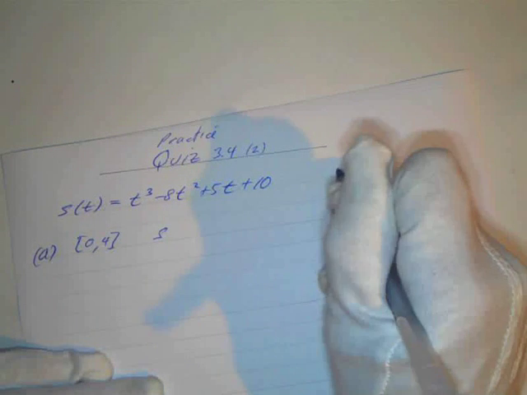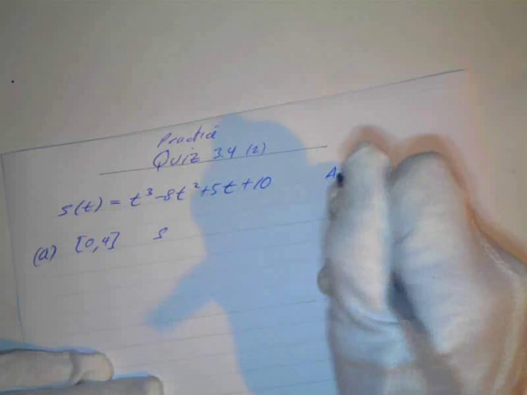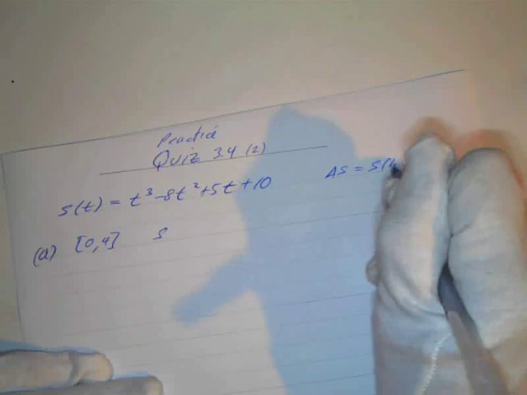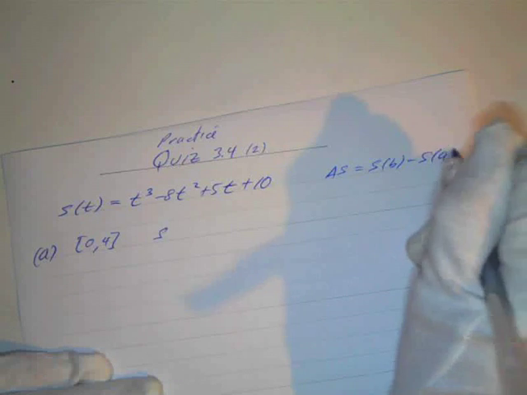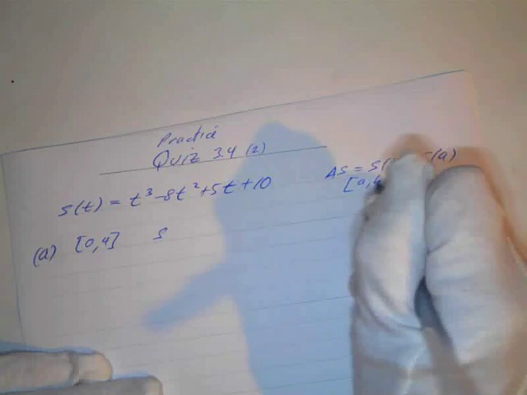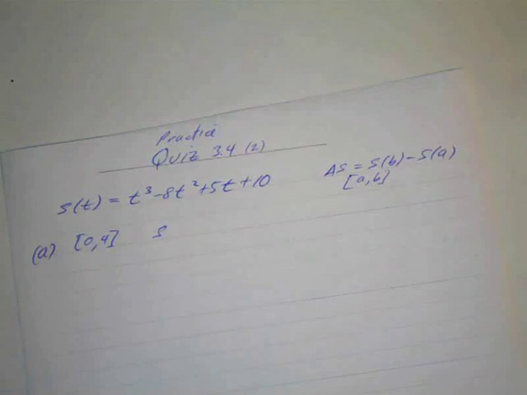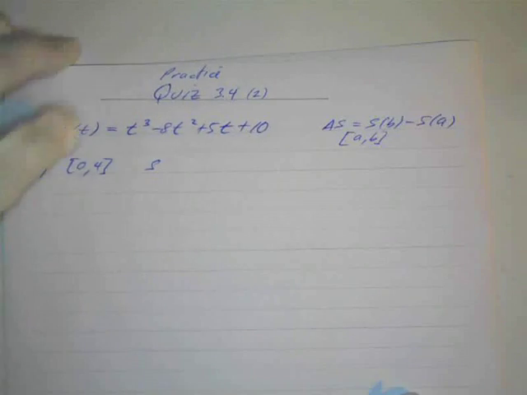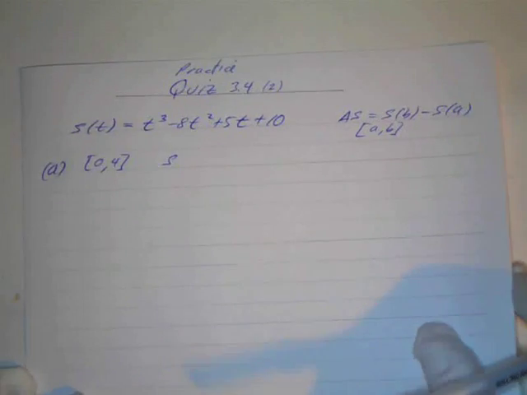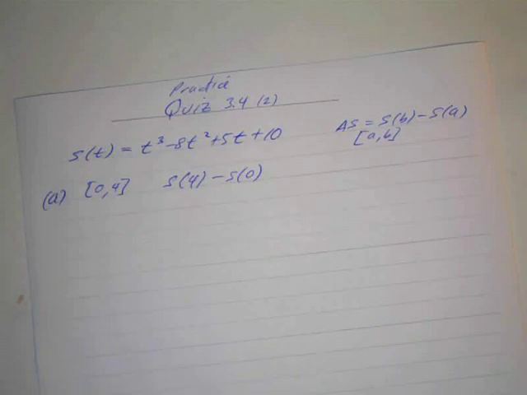Our displacement will be, and remember, I did tell you that we can use S of B minus S of A if this is on the interval AB. That will give us our displacement. So that's going to be S of 4 minus S of 0. Now we've got to calculate.